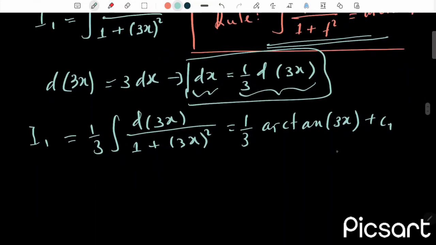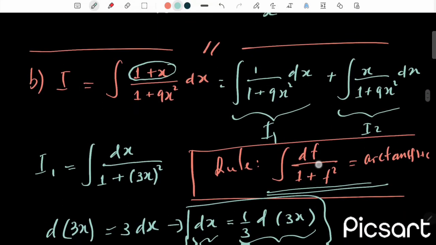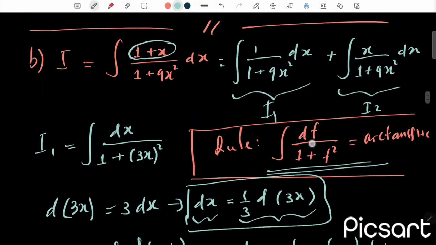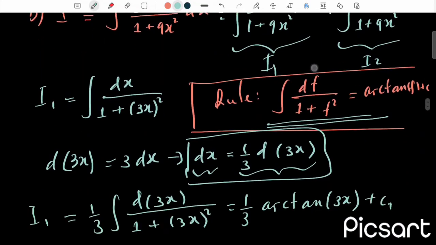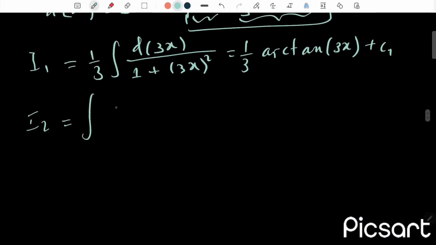We have the first term of our integral, and we must solve the second one, which is the integral of x dx over 1 plus 9x squared.